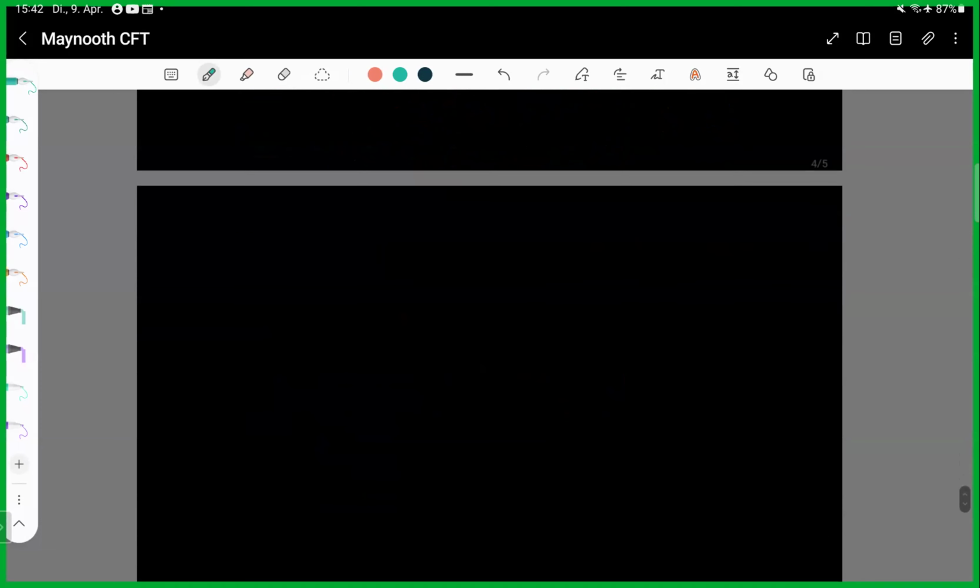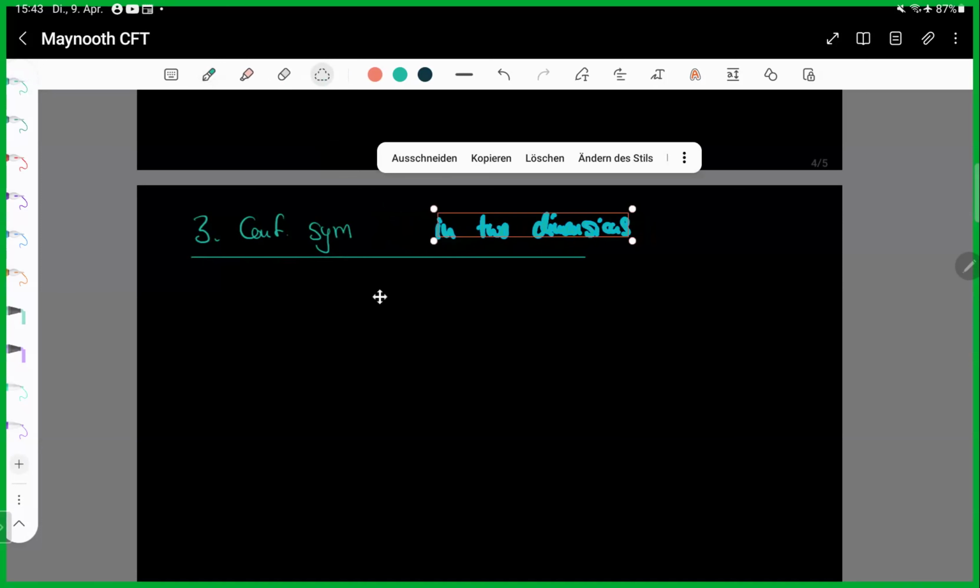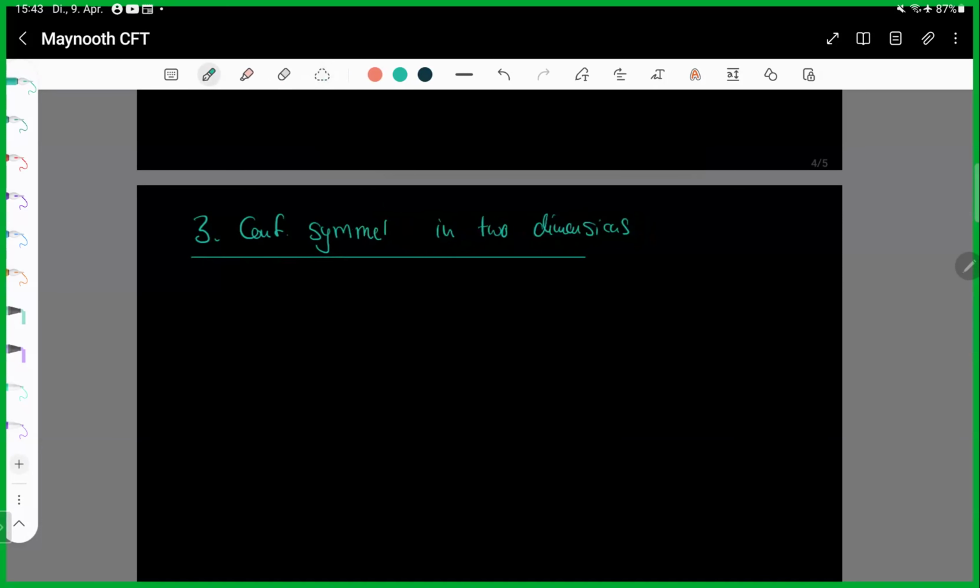The next thing that we want to talk about is the conformal symmetry in 2 dimensions. The aim here is to get acquainted with the conformal algebra in 2 dimensions.